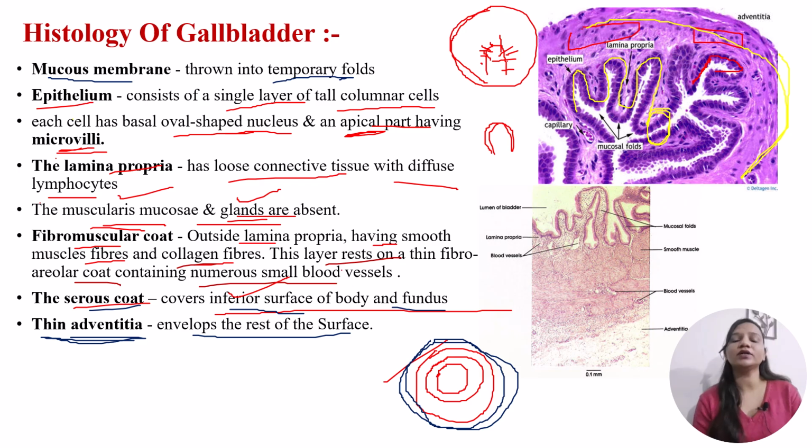Adventitia is the outer connective tissue layer. It is a very thin layer which helps to anchor with the liver, and it also allows the flexibility and mobility which is needed. So the adventitia is present between the liver and the superior surface of the gallbladder, and it allows the flexibility and mobility of the gallbladder.